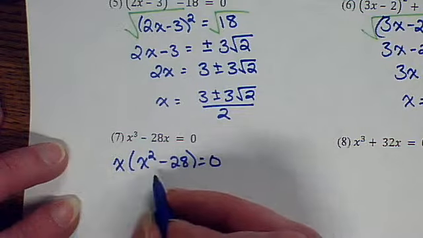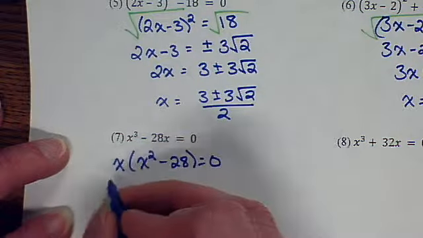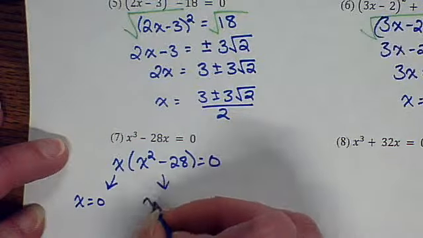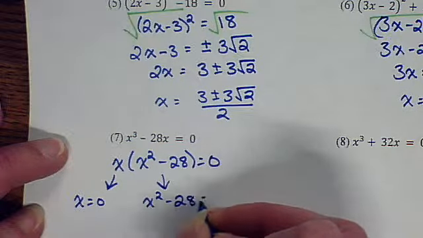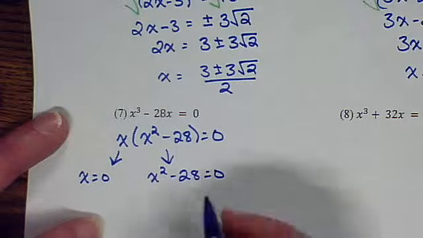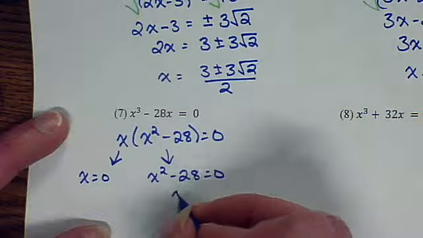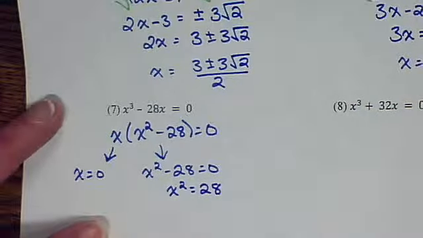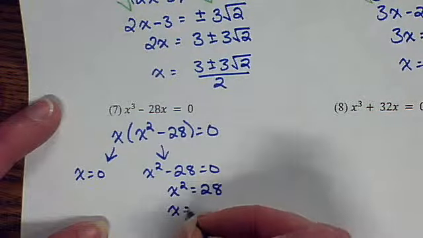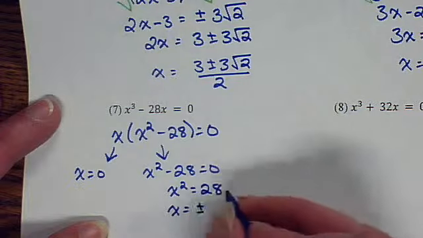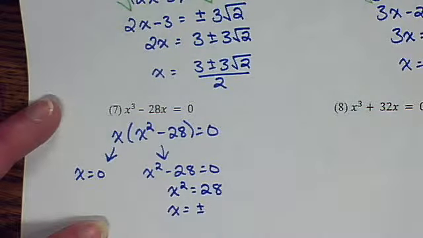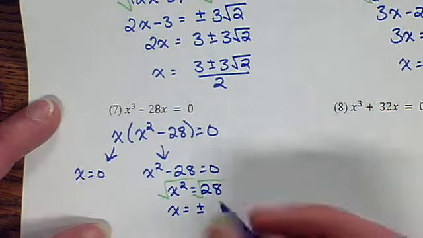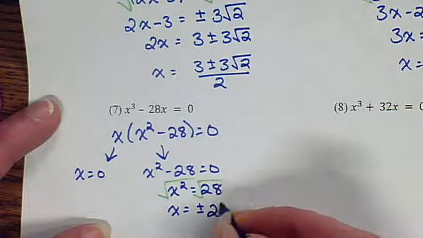But if I have two factors that multiply together to give me 0, that means either x is 0 or x squared minus 28 is 0. Oh, well, that looks like some of the ones I've been solving from the beginning, so this is good. x squared equals 28. Square root both sides. I'll get plus or minus the square root of 28. 28 is 4 times 7, so that's 2 root 7.